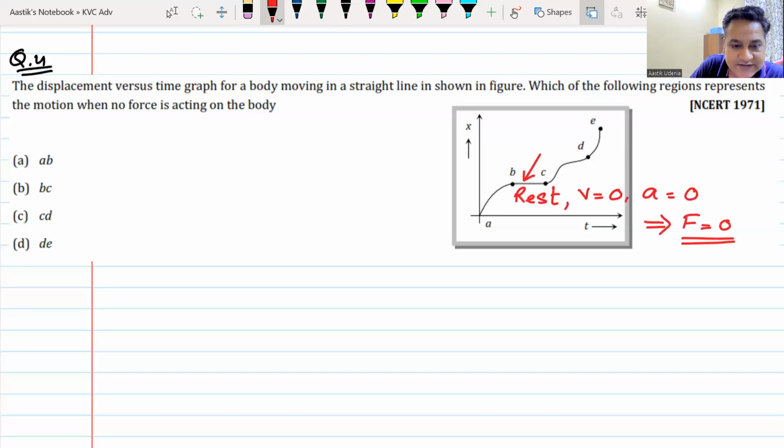Do we understand this? Yes or no? Anyone understands this? Can I have raised hands from everyone in the class? Okay. Can I move on to the next question then?